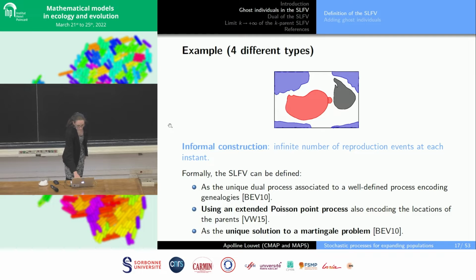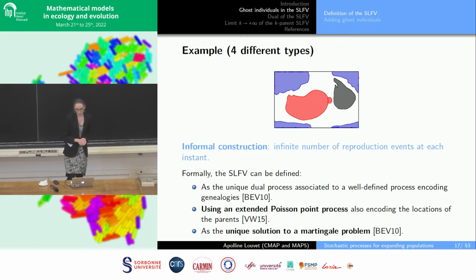So if you want to define the process formally, you have several ways of doing it. I think the original one was to define it as the unique dual process associated with what can be considered as a process encoding genealogies, which was done in a paper by Barton and Véber.